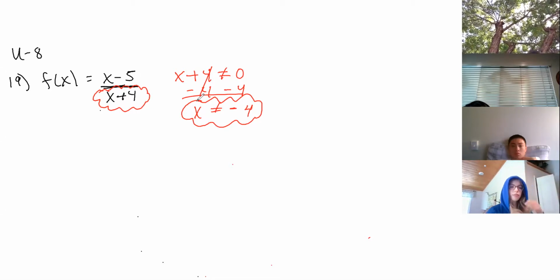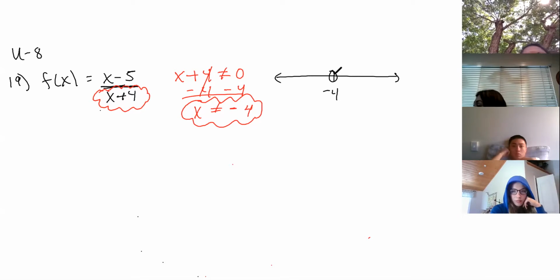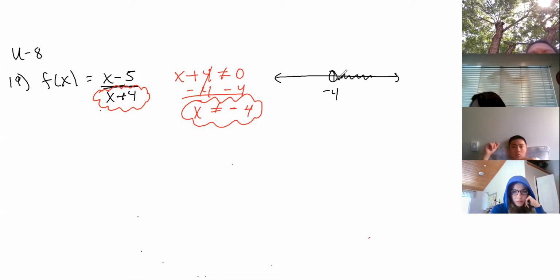So it wants us to write it in interval notation. Remember what I told you guys to do back in this unit. If x cannot equal -4, that's the only number that it cannot equal. Everything else is allowed except for the -4. How would I write that in interval notation?